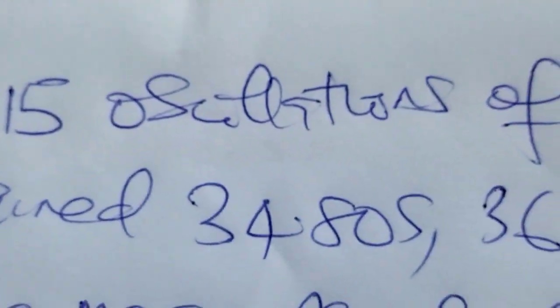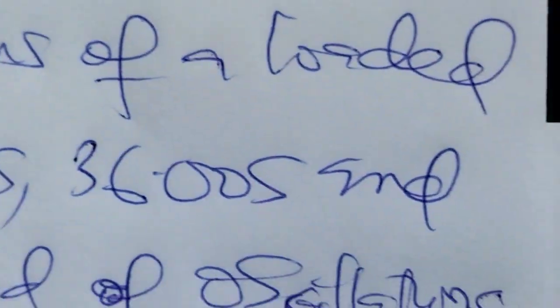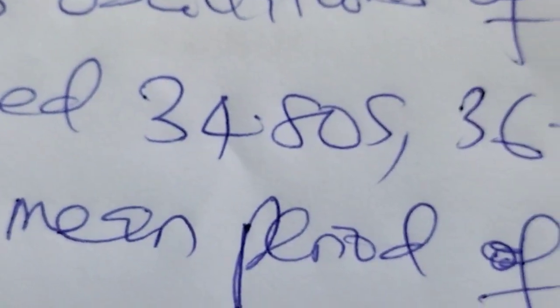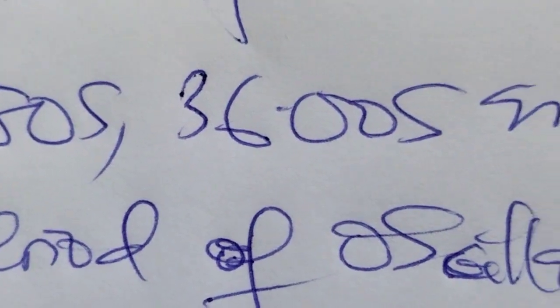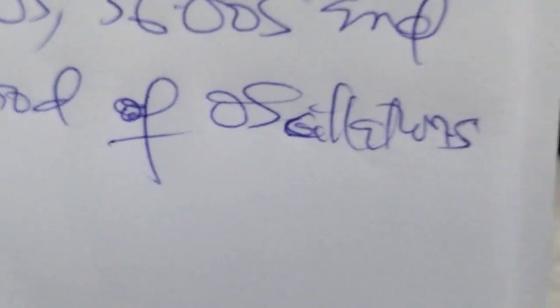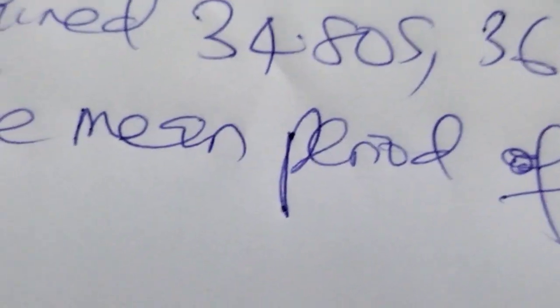B(ii) says a student timed 15 oscillations of a loaded spring thrice and obtained 34.80 seconds, 36.00 seconds, and 33.75 seconds. Calculate the mean period of oscillations.